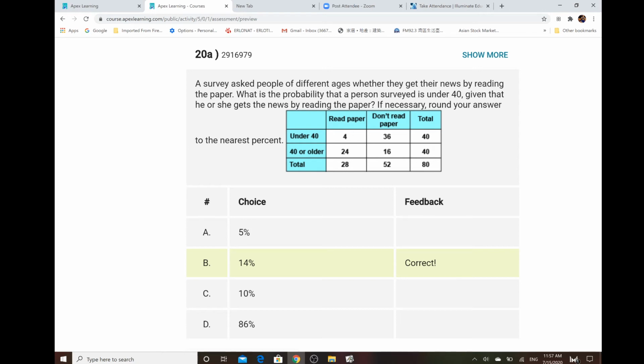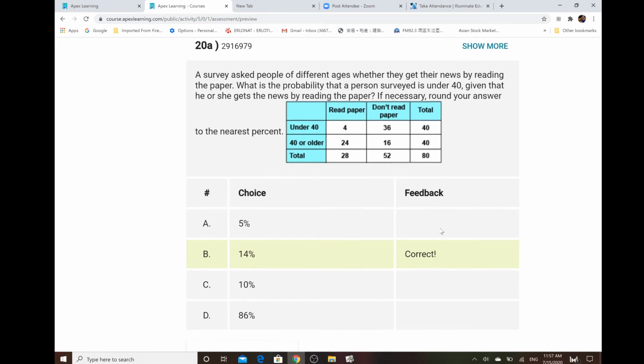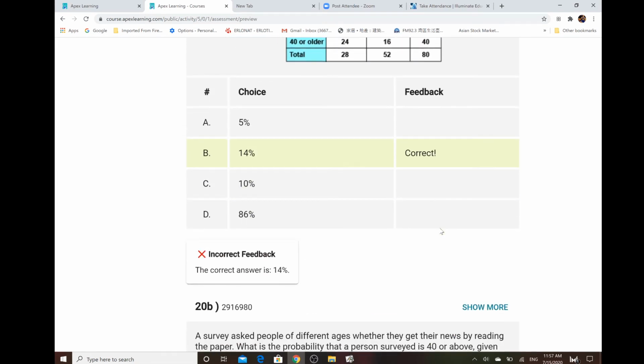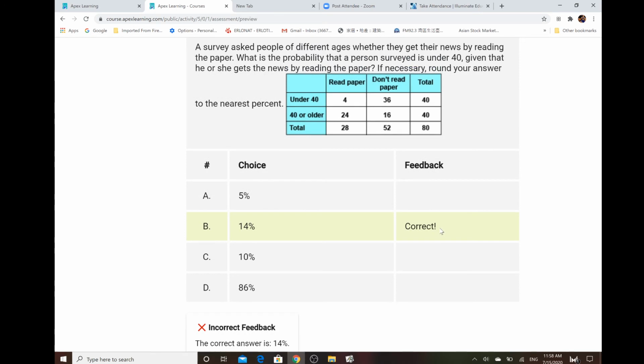Okay, let me think about this one. Yeah, this one is one of the interesting ones. Unlike the previous one, it's 40 over 80 and then times 4 over 40.